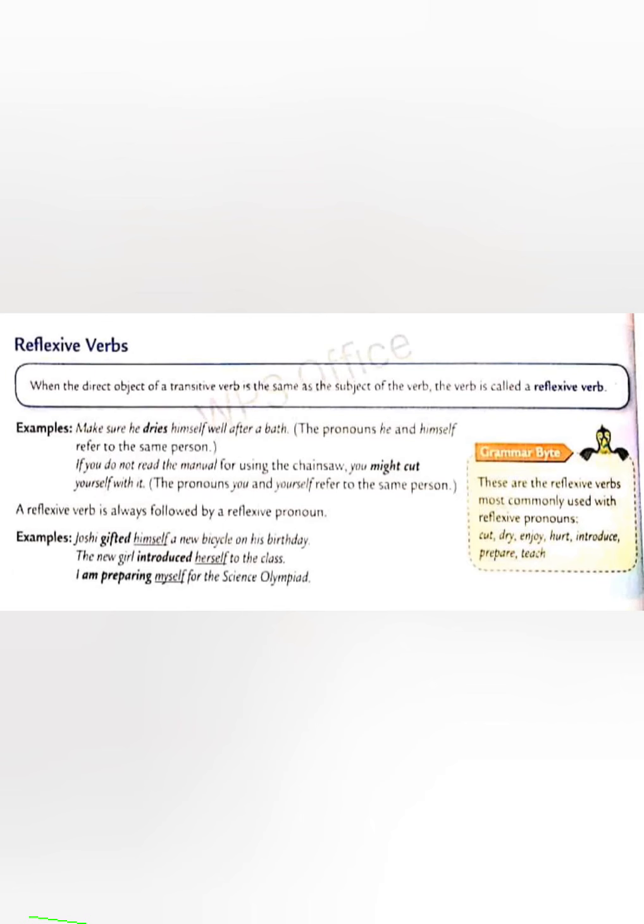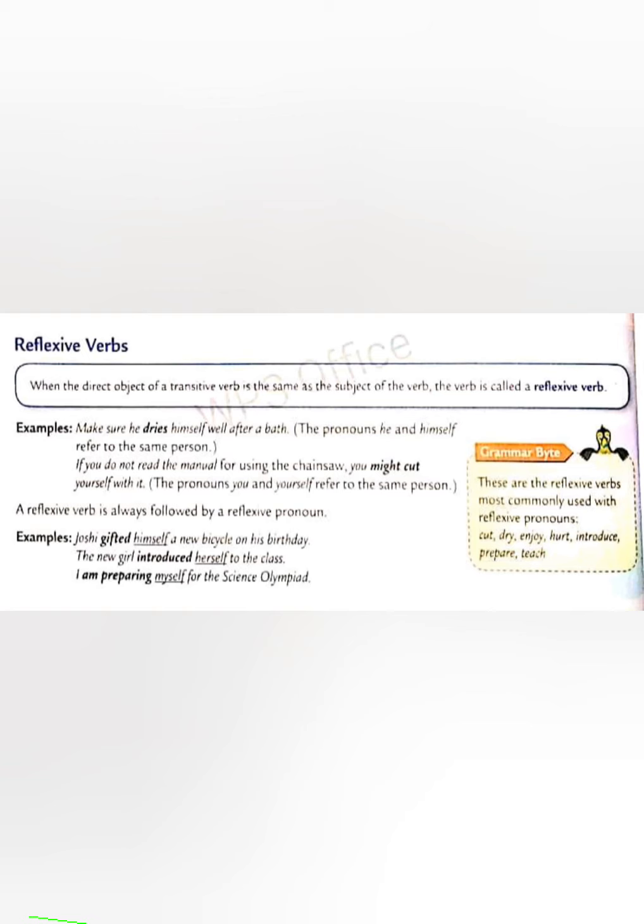Then here we have the last topic, that is the reflexive verb. What is that, students? Basically, when the direct object of a transitive verb is the same as the subject of the verb, it is called a reflexive verb. For example, make sure he dries himself well after a bath. Here, the pronouns he and himself refer to the same person.